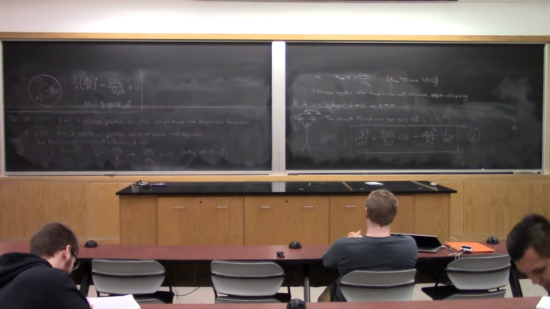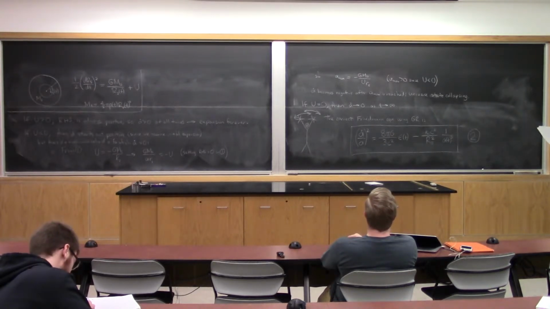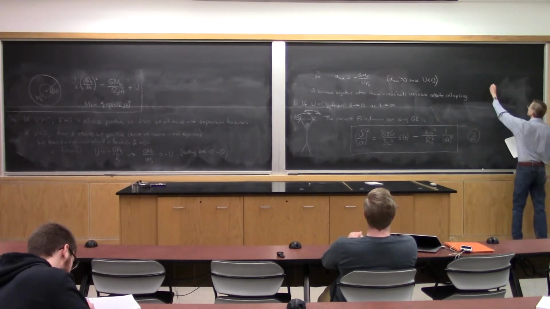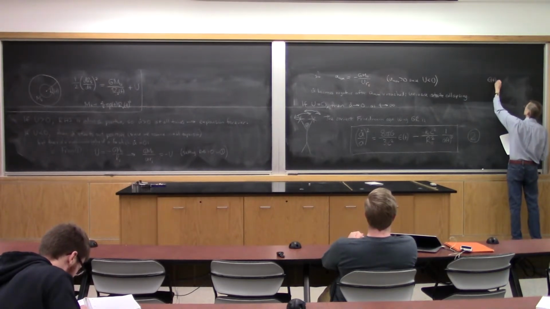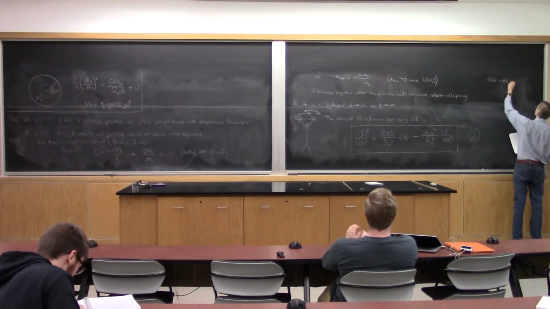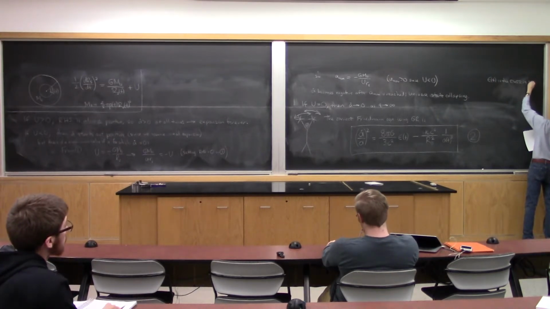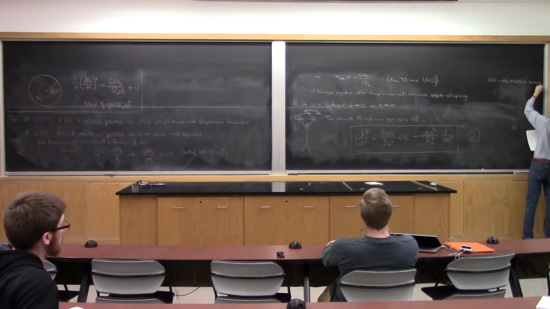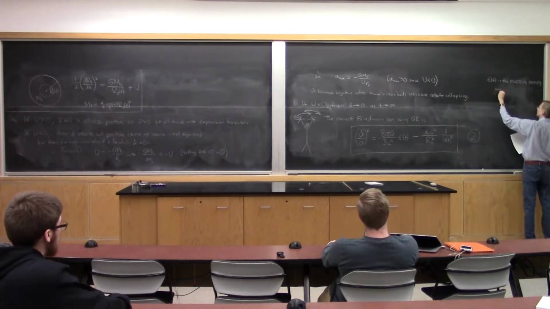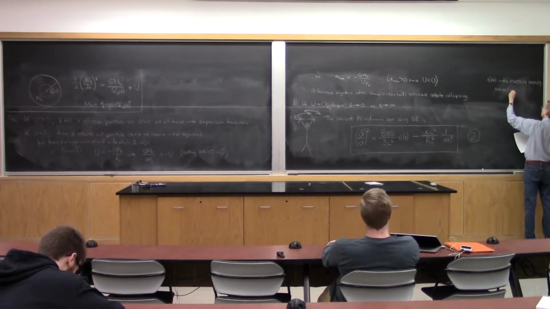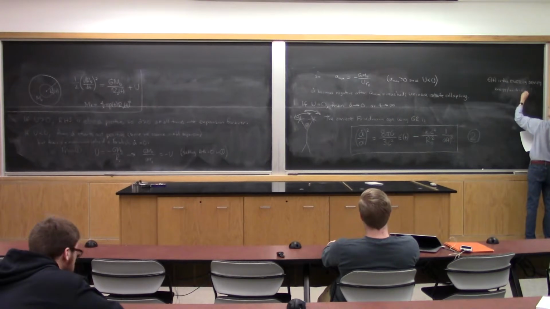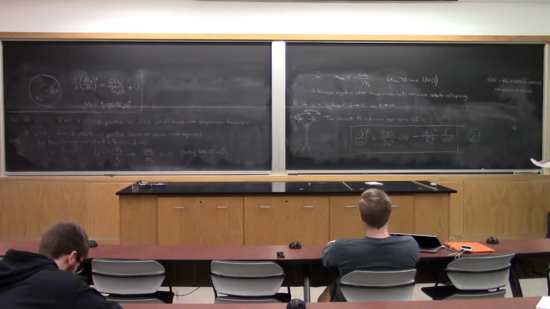So we have to say what the new symbols mean. One of those new symbols is epsilon. Epsilon is the energy density, the energy per unit volume. But this is relativity, so we include in that rest energy.